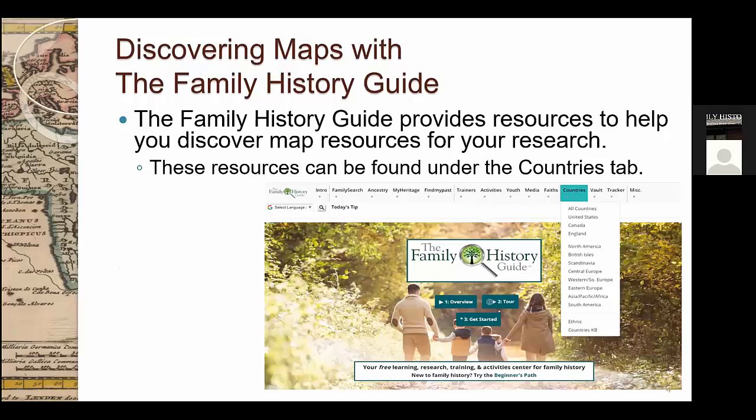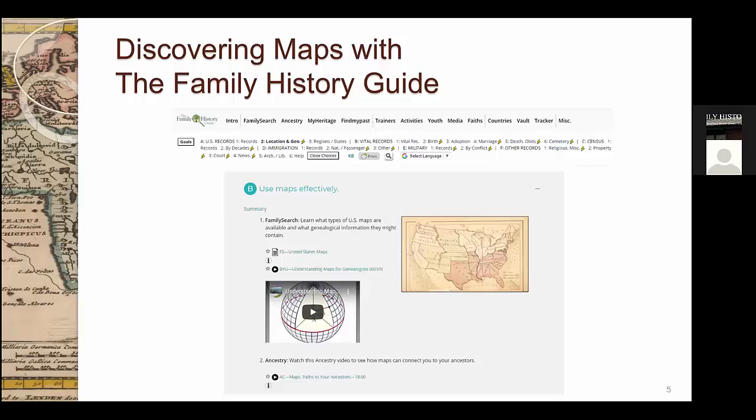I wanted to mention that you can discover maps using the Family History Guide. The Family History Guide provides resources that help you discover map resources for your research. And you find these resources under the countries tabs. So here, for example, is the United States.